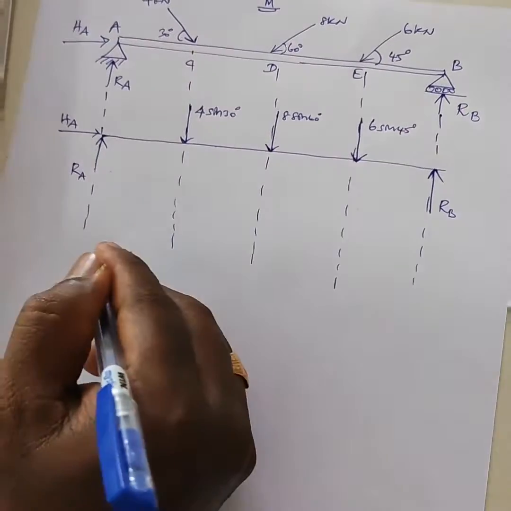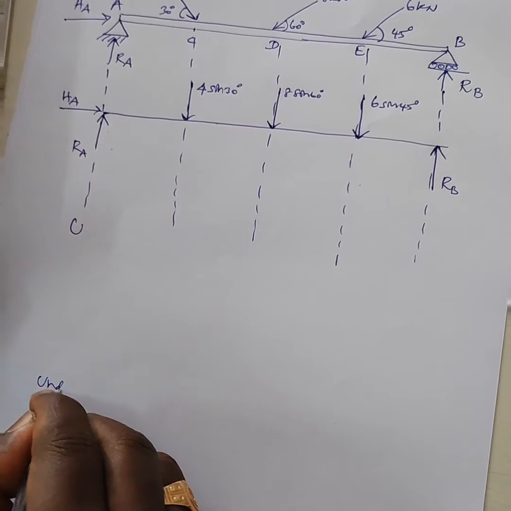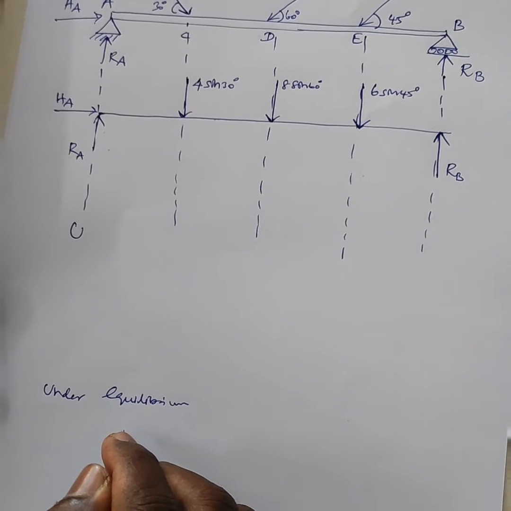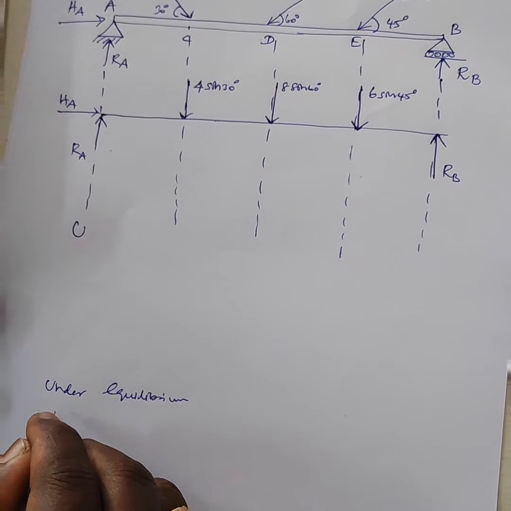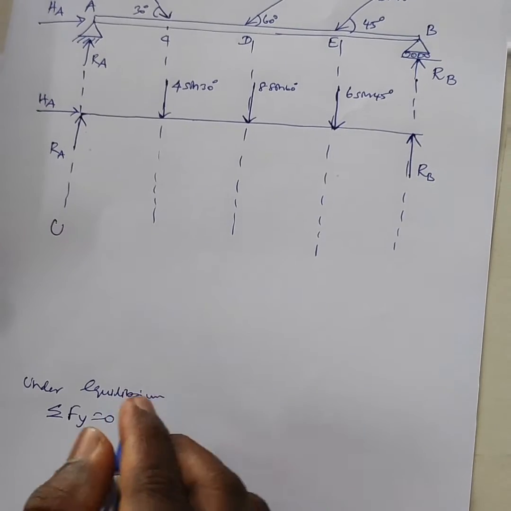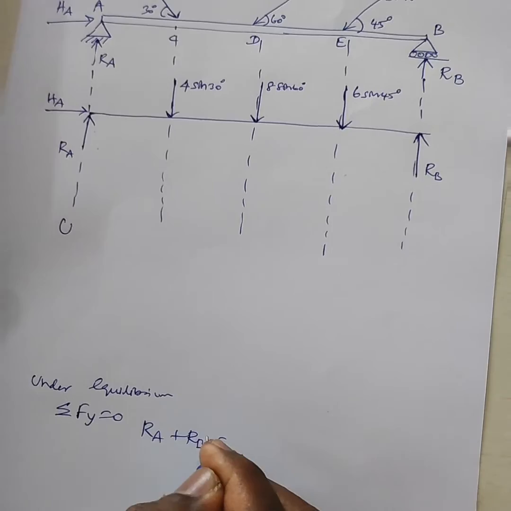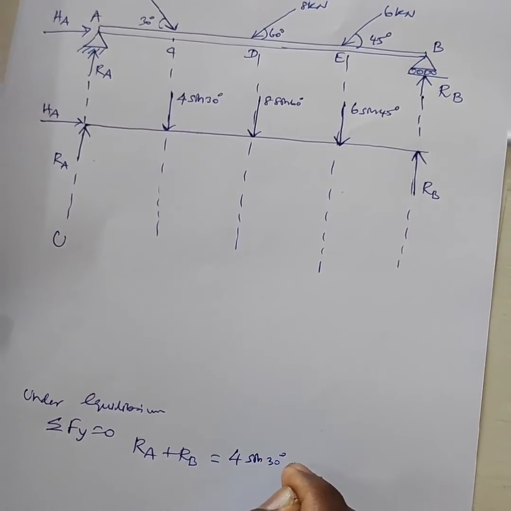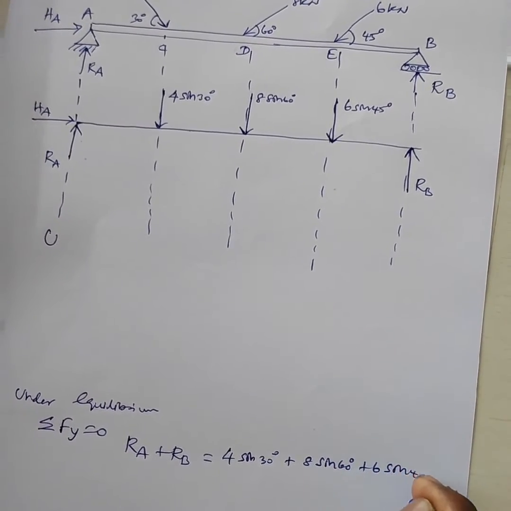Now we can formulate the equation under the equilibrium condition. Forces along the upward direction are equal to forces along the downward direction. So summation of forces along the y direction is equal to 0. Now the forces acting in the upward direction, RA plus RB, is equal to those acting in the downward direction: 4 sin 30 plus 8 sin 60 plus 6 sin 45.